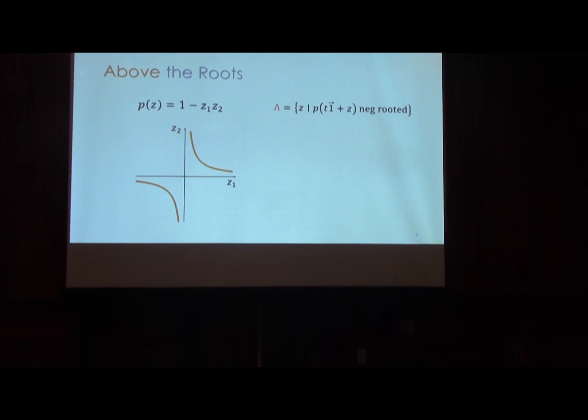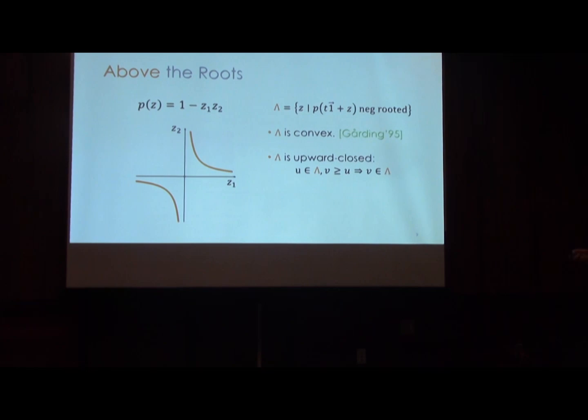Take these linear restrictions. I'm fixing a particular direction, which is the all ones direction, but it actually doesn't matter what direction I fix as long as all of the components of the direction are positive. If you look at all of the points above the maximum roots of these linear restrictions, they become this region that I call above the roots. And this region has a lot of properties. In particular, Garding proved that this region is convex. It is upward closed.